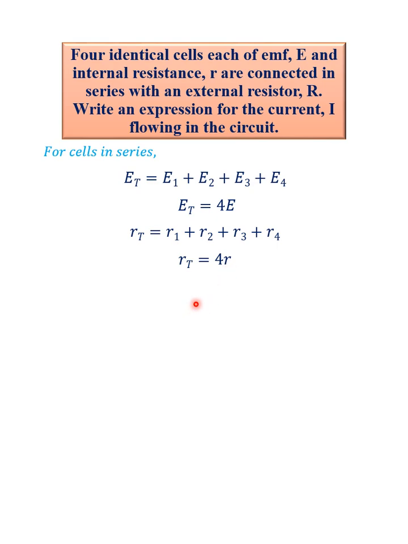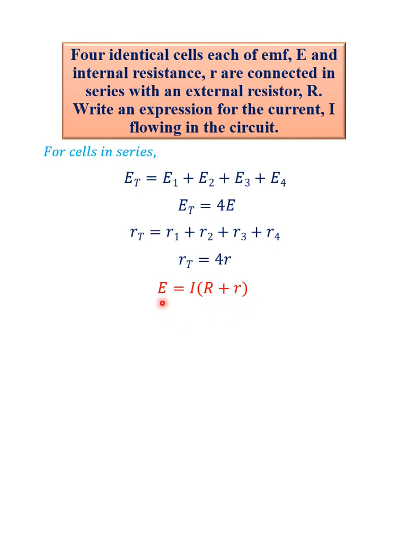Now we know the total EMF and the total internal resistance. Let us now write a formula that connects the EMF of a cell, the internal resistance, and the external resistance in a circuit. According to Ohm's law, the EMF is equal to the current times the total resistance.